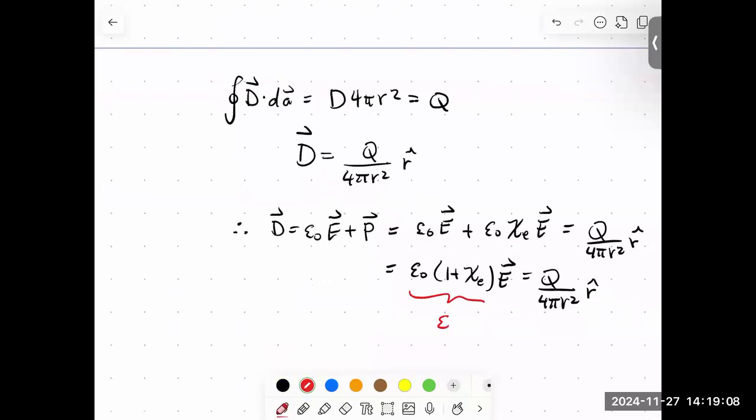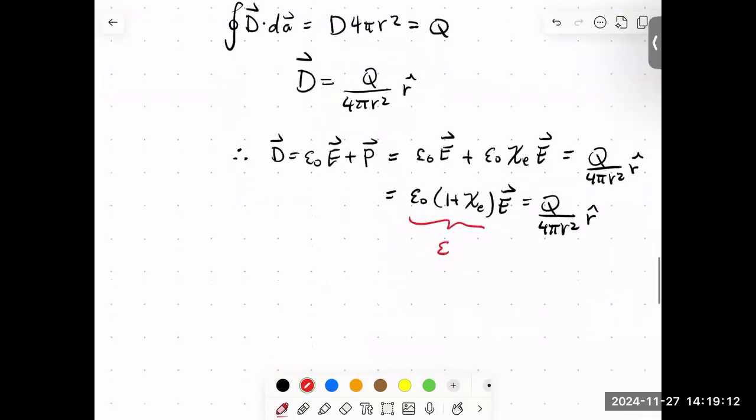If the susceptibility is 0, we would recover the vacuum permittivity. Okay, and so therefore, what we find is E is just equal to Q over 4 pi epsilon, instead of epsilon naught, times r squared, r hat.